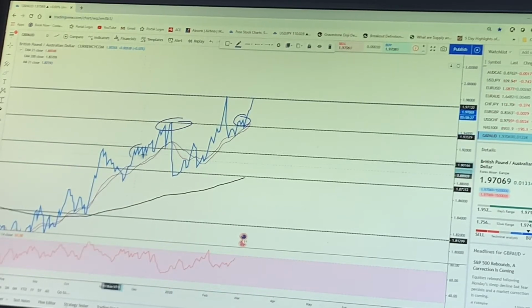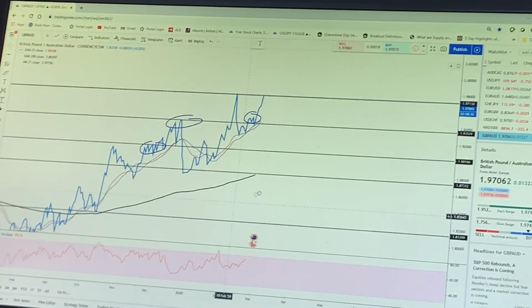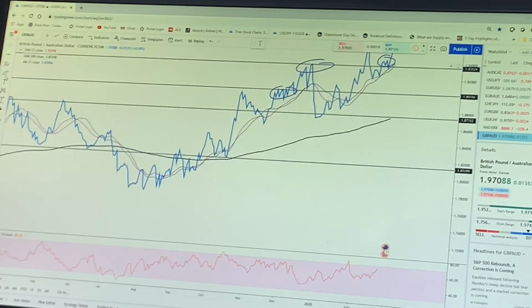We have resistance right here. Sorry guys, I'm just going to go down and show you where the support and resistance is. So we have support right here, we have resistance right here. Even though it pushed through a little, that still counts. We have support right here and resistance right here. So I'm not going to go through and do all of them for you guys, but just to give you an idea.